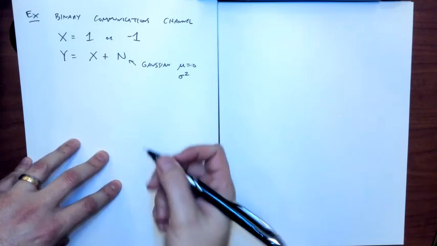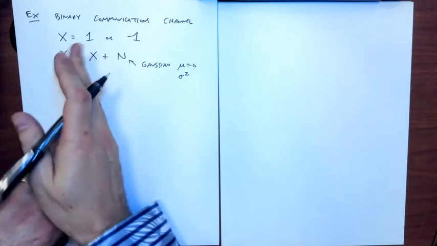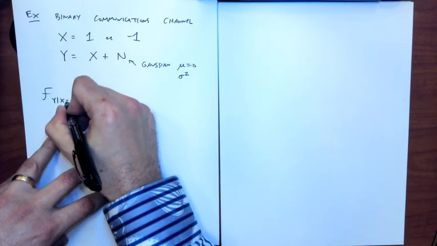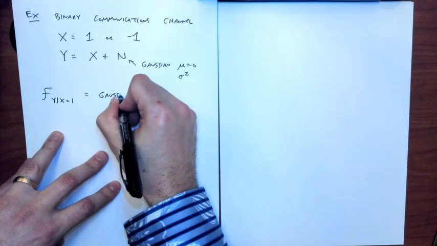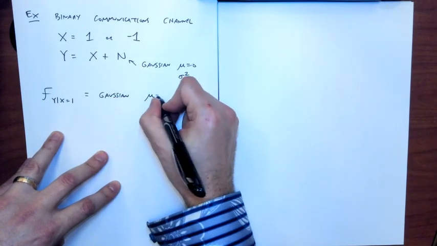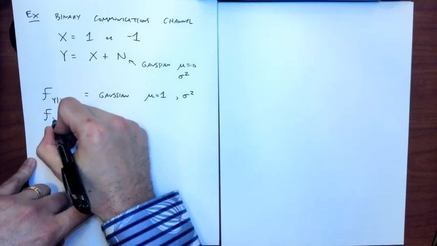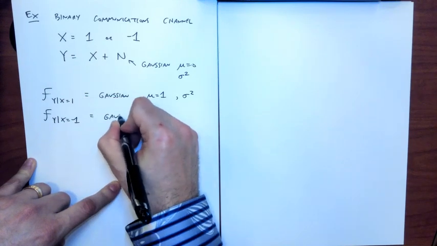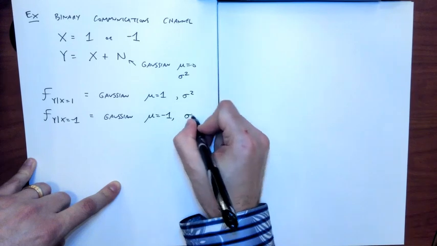So in this case, I can do a quick sketch of what happens when x is 1. That's like shifting the Gaussian to have mean 1 and variance sigma squared. If my x is -1, that's like a Gaussian with mean -1 and variance sigma squared.